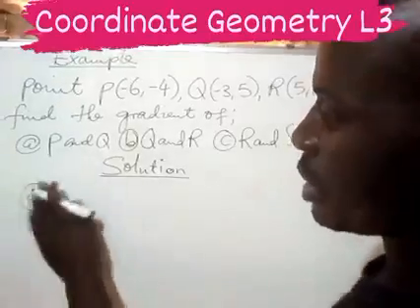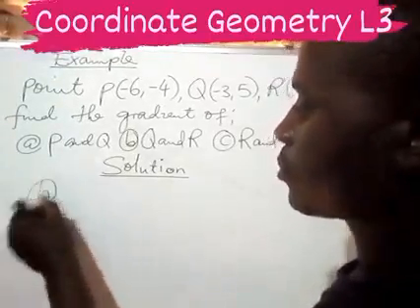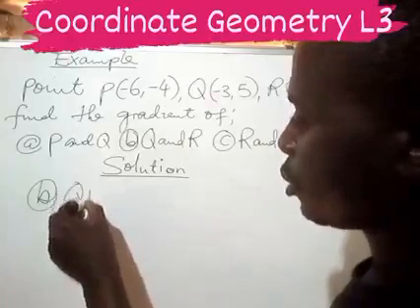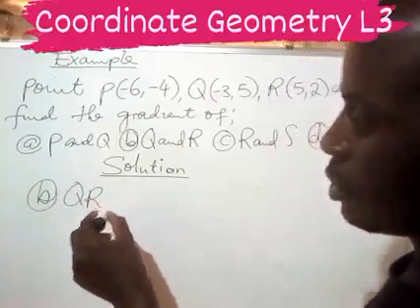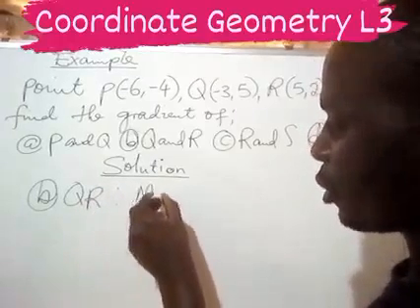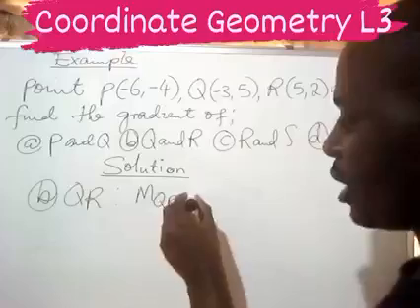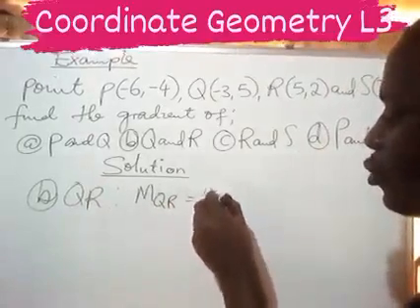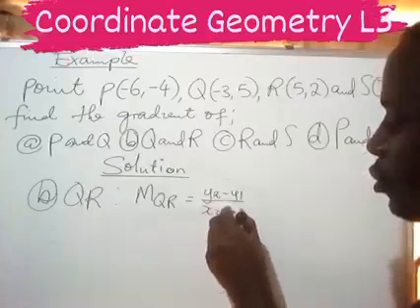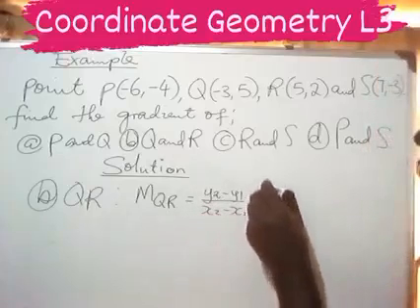For question B, we are looking at the gradient of QR. The gradient of QR is equal to y2 minus y1 over x2 minus x1.